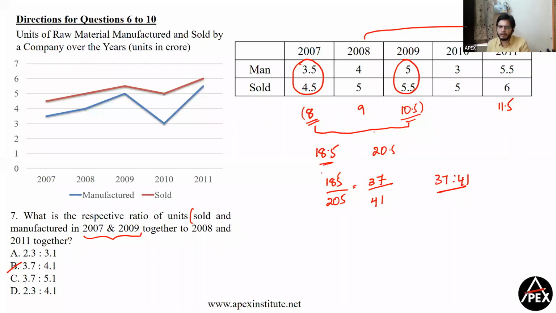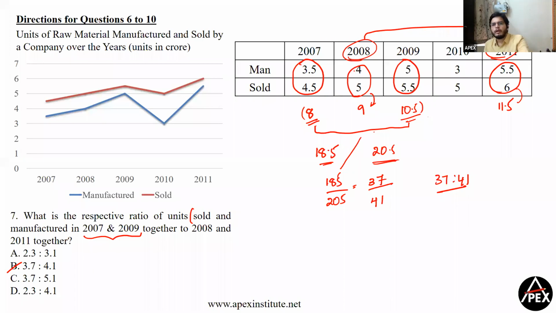We need to find the ratio of this value to the number of units manufactured and sold in 2008 and 2011. In 2008 are 9 crore units, and in 2011 are 11.5. So in both years, we have 20.5 crore units. So the ratio is simple, 185 by 205. So 37 is to 41, isn't it? Clear now?